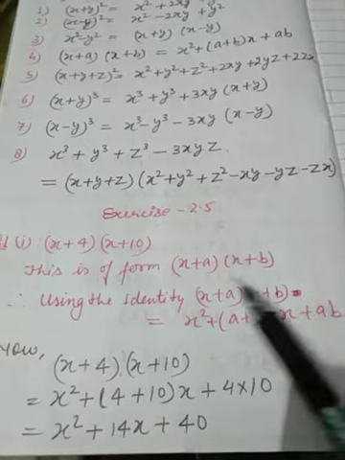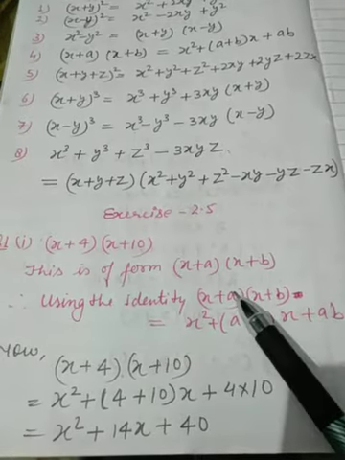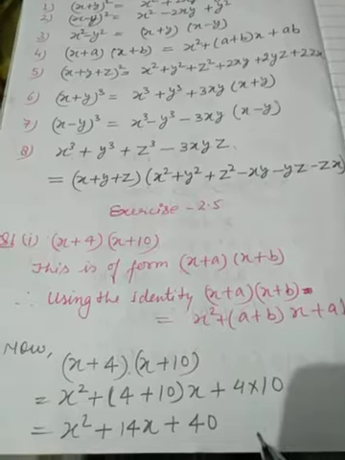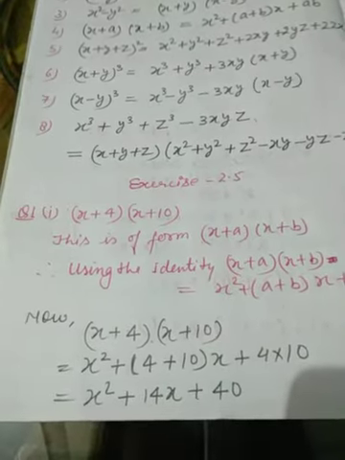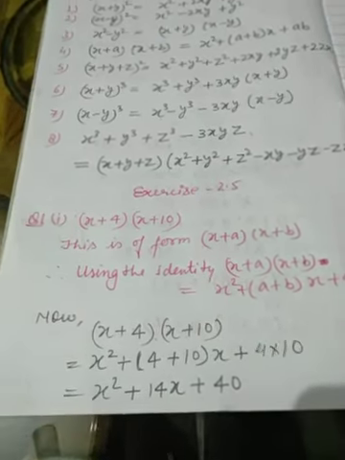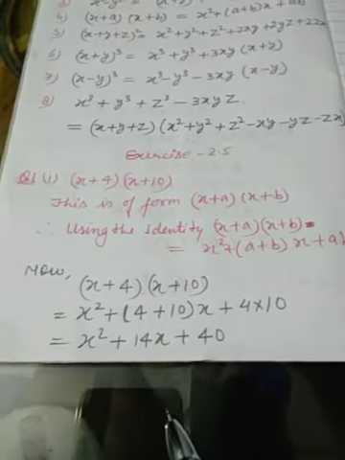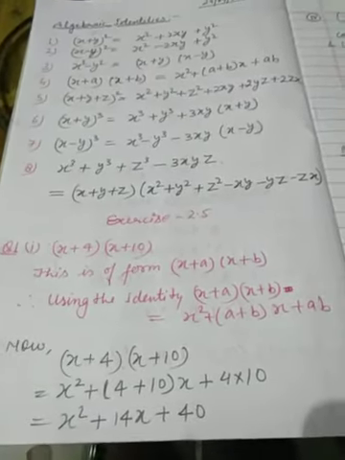So using this identity we can solve this question without the real multiplication method. We are not going to use the distribution method, we will use these identities, right?